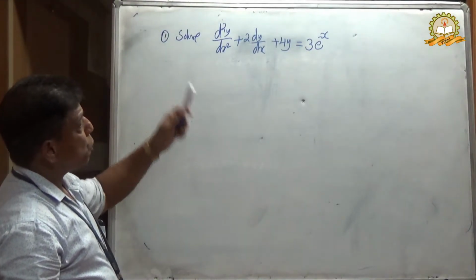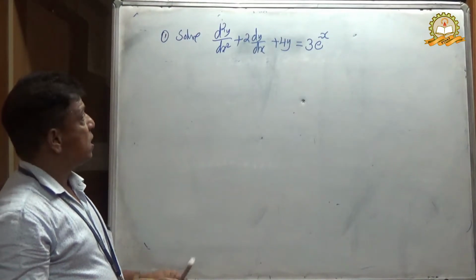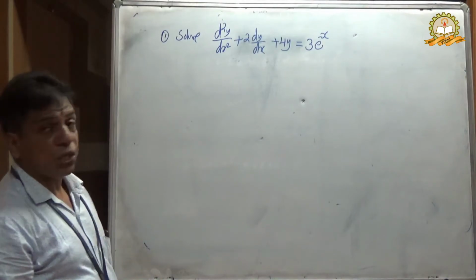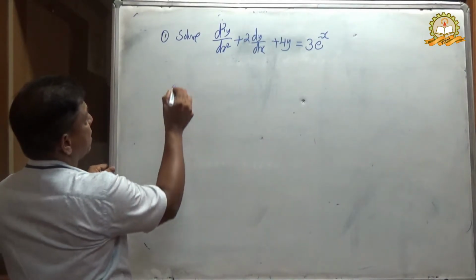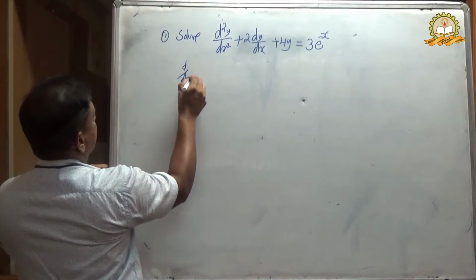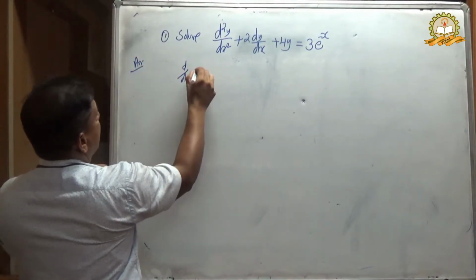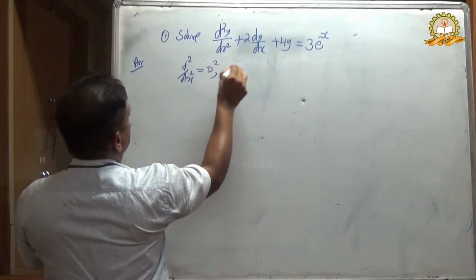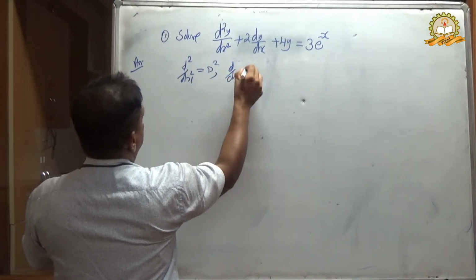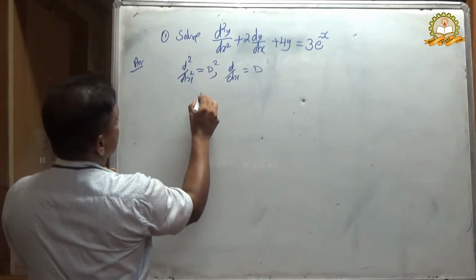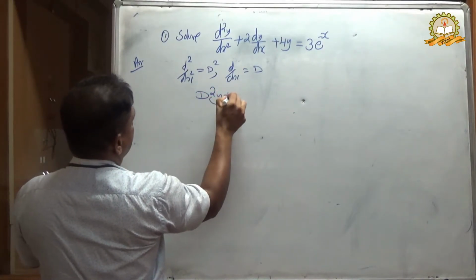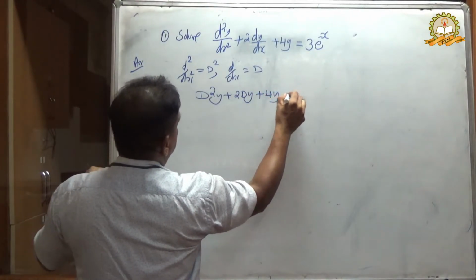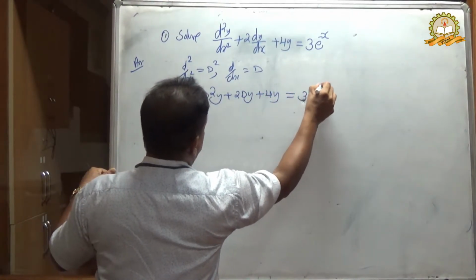To find the solution, the first step is to convert this equation to symbolic form. For that we take d by dx as D, d square by dx square as D square. Therefore, the given equation will be D square y plus 2 Dy plus 4y is equal to 3 into e raised to minus x.